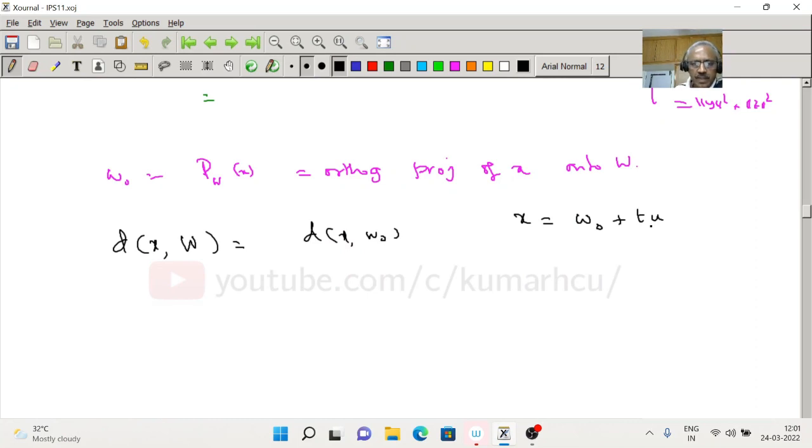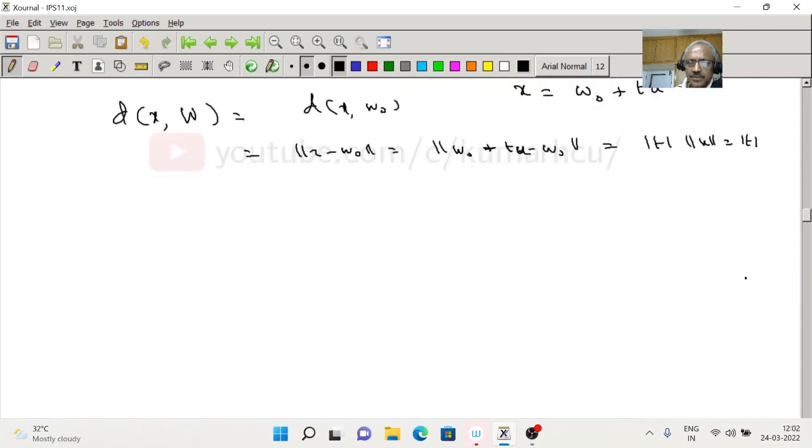Do you remember? And therefore the distance is the norm of x minus w naught, which is the norm of t u, equal to mod t times the norm of u, which is mod t. Have you understood? Therefore the distance is nothing other than mod t.